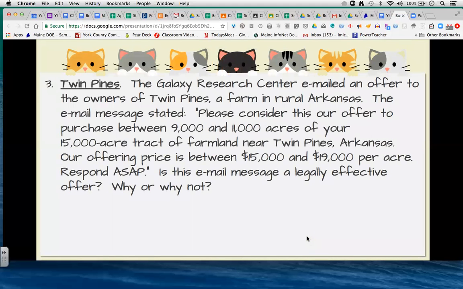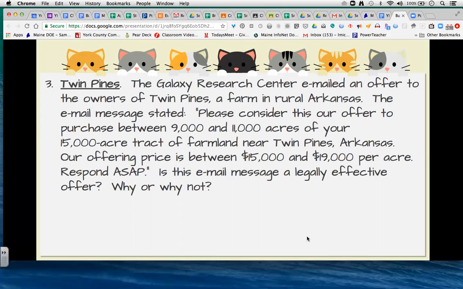Here's an example. Number 3, Twin Pines. The Galaxy Research Center emailed an offer to the owners of Twin Pines, a farm in rural Arkansas. The email message stated, "Please consider this our offer to purchase between 9,000 and 11,000 acres of your 15,000-acre tract of farmland near Twin Pines, Arkansas.